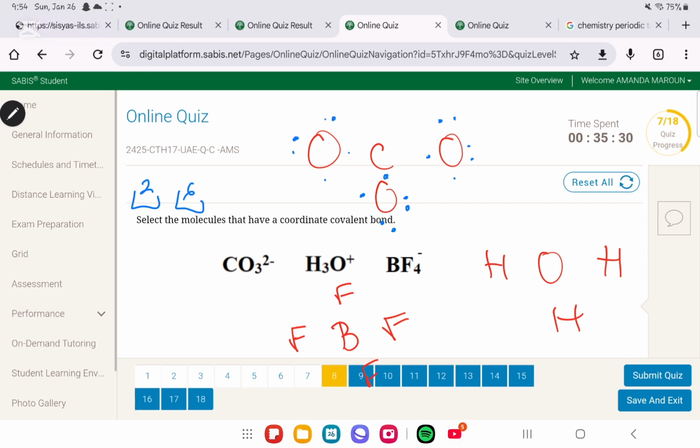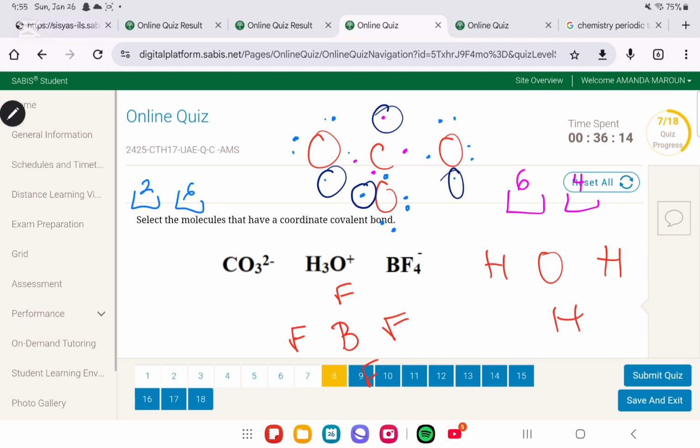Okay, then carbon has 6, so it's gonna be 6, 4, and it has 4 valence electrons, so it's gonna be 1, 2, 3, 4. Now here it's a bit complicated because as you can see, one is free, another is free, then this over here is free, and this over here is free.